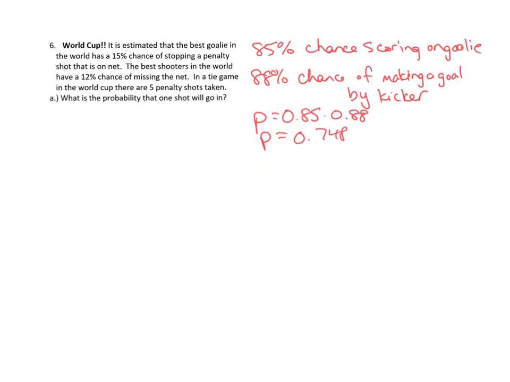And then, of course, our chance of failure is 1 minus that. So the chance of the goalie stopping the goal and or the shooter missing the net is 25.2%.